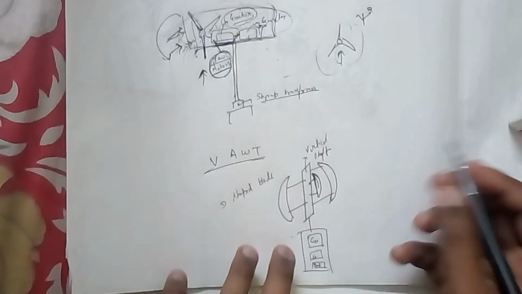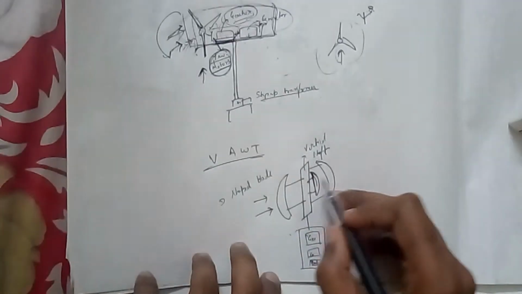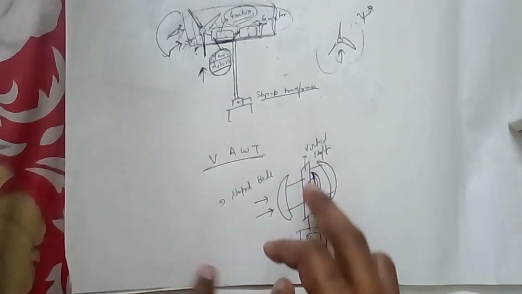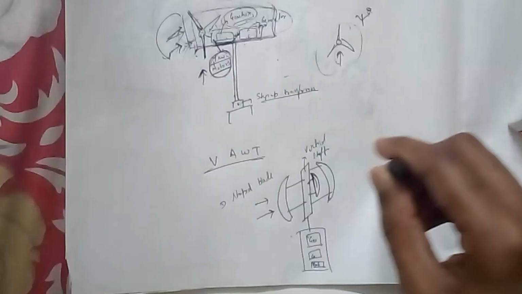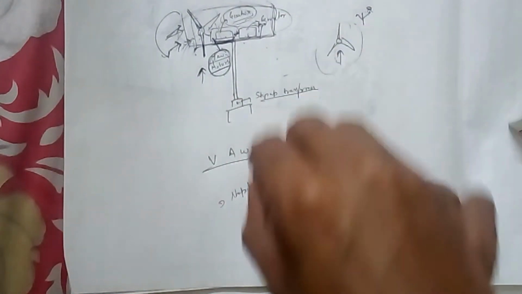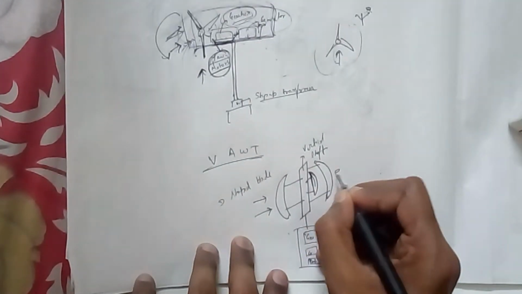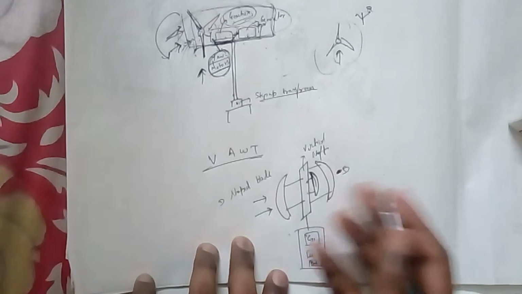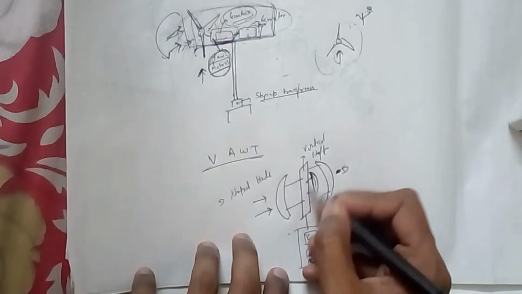What happens is when wind strikes, these D's are like this, they rotate. These D's are like 1, 2. These are the D's and they rotate like this, so the D rotates in this direction. And so the vertical shaft also rotates.